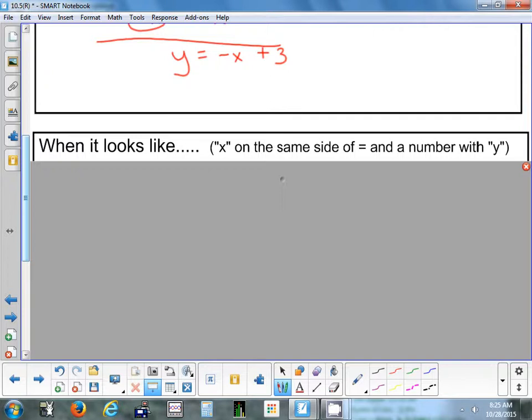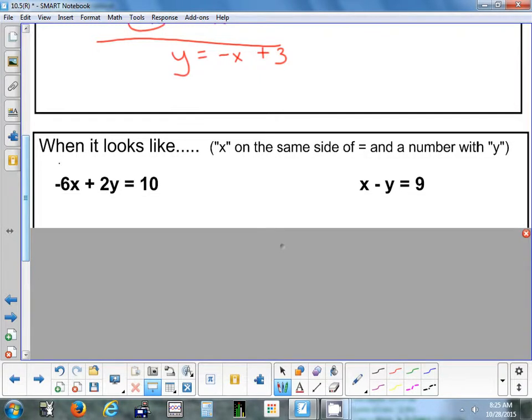So we're adding another step. We get x on the same side, but now we also have something attached to the y. You might have something that looks like negative 6x plus 2y equals 10. Or you might have something like x minus y equals 9.